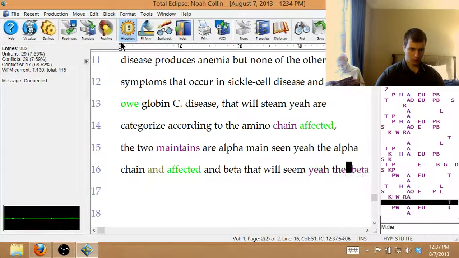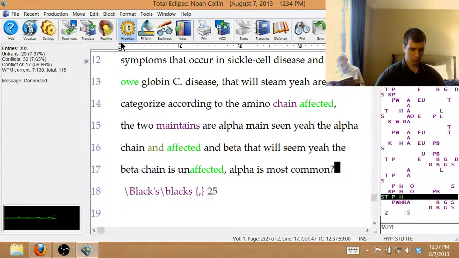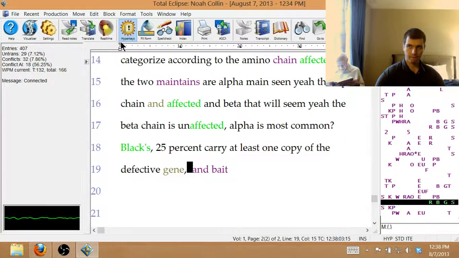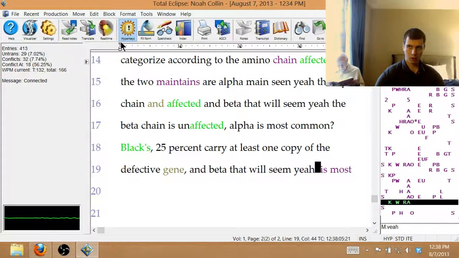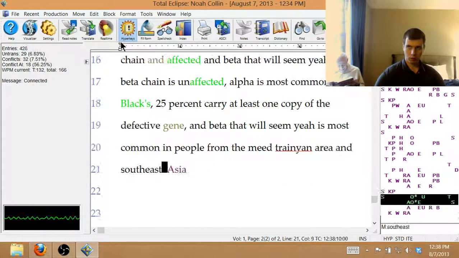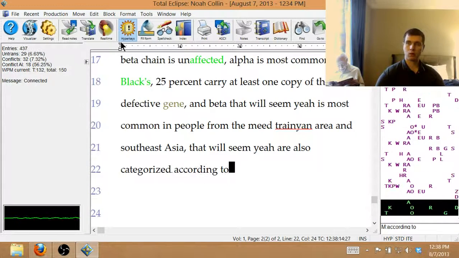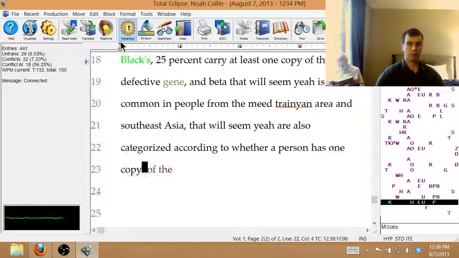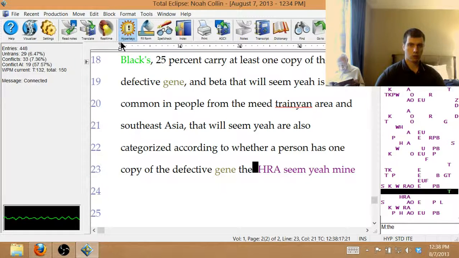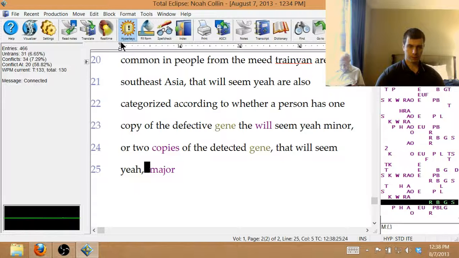Alpha thalassemia is most common in blacks. 25% carry at least 1 copy of the defective gene, and beta thalassemia is most common in people from the Mediterranean area and Southeast Asia. Thalassemias are also categorized according to whether a person has 1 copy of the defective gene, thalassemia minor, or 2 copies of the defective gene, thalassemia major.